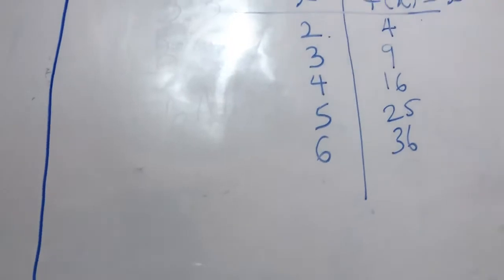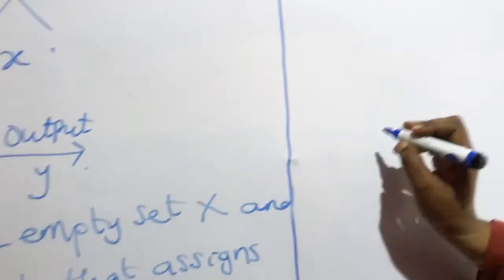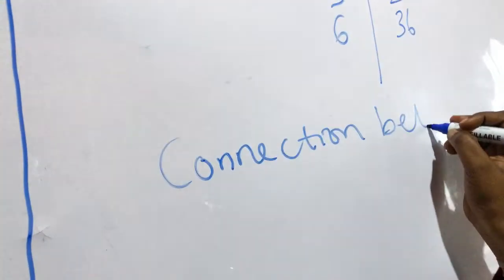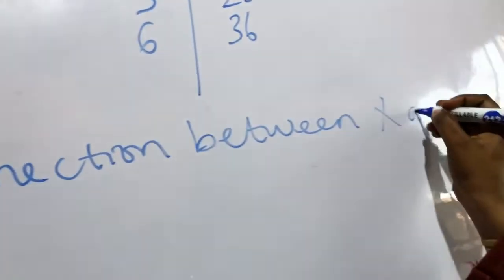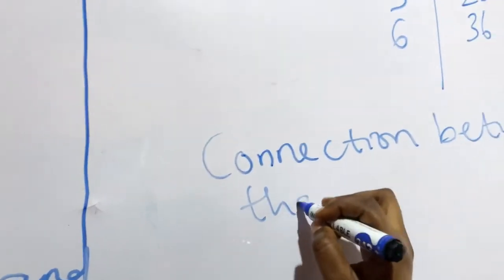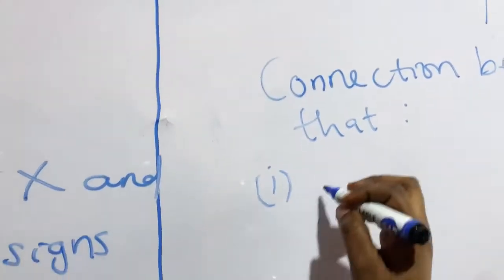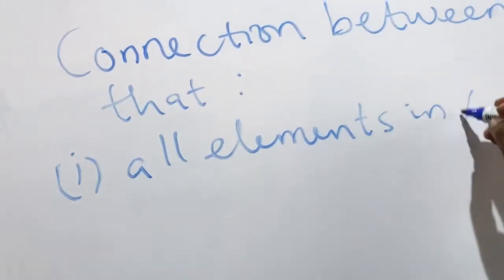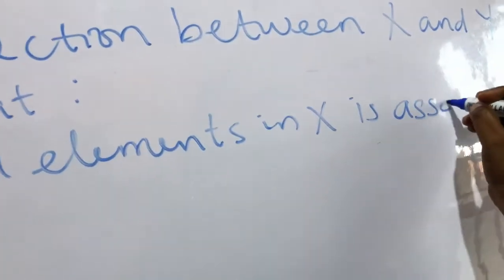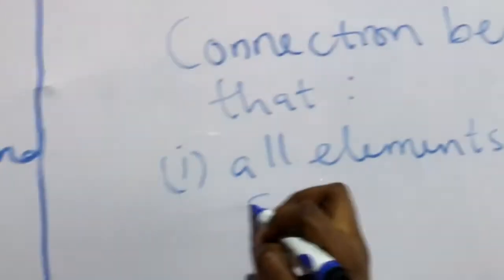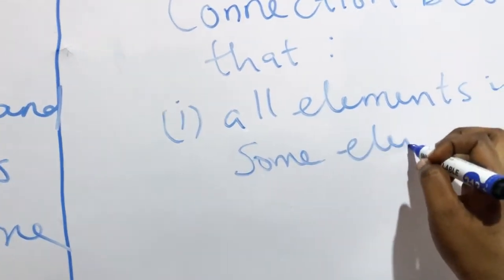So another definition that we can use is that after considering two non-empty sets x and y, then a function is a connection between x and y such that all elements in x is associated with some elements in y.